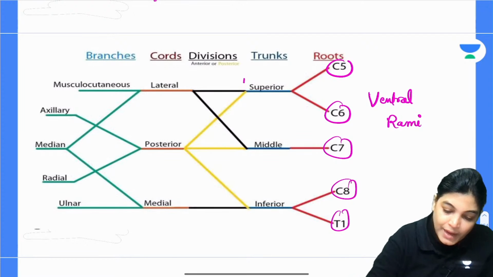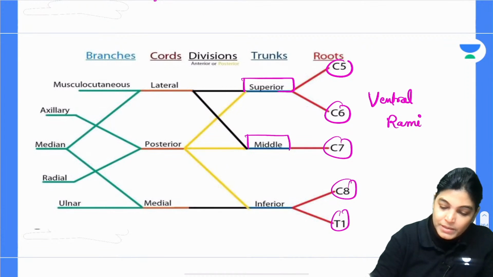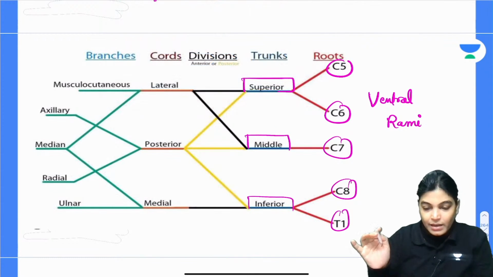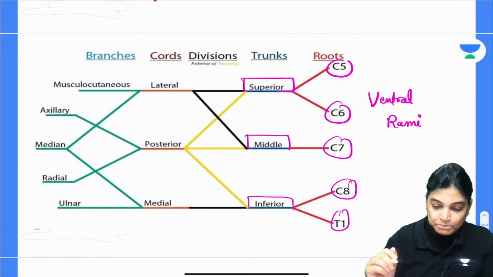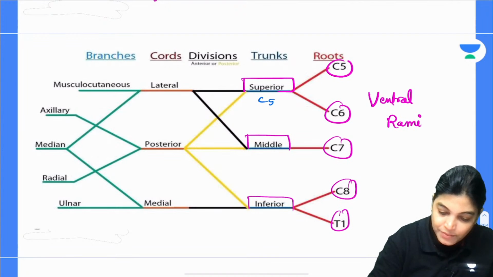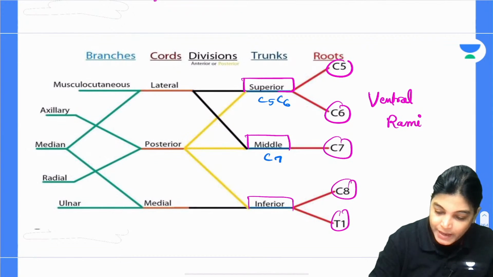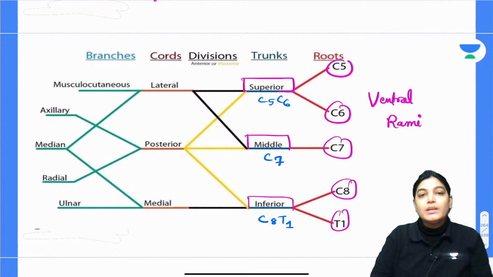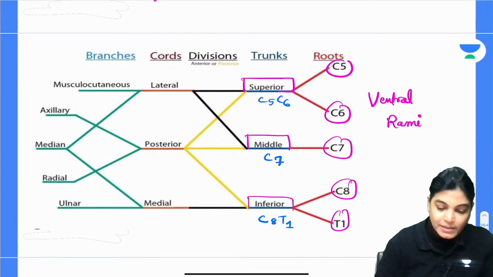We have got three trunks: superior trunk, middle trunk and inferior trunk. Superior trunk is formed by joining C5 and C6, middle trunk is formed by C7, inferior trunk is formed by joining C8 and T1. Now let's see the formation of cords of brachial plexus.